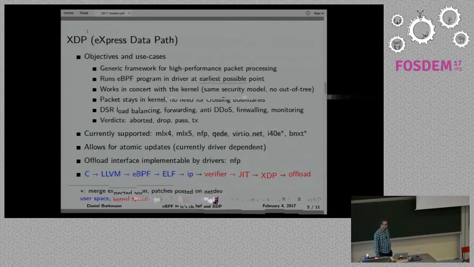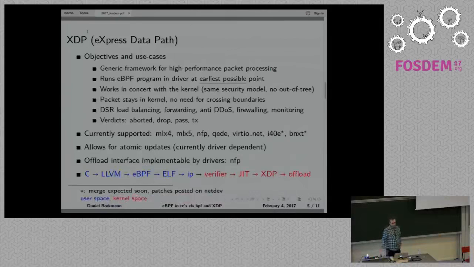Other use cases include load balancing. For example, direct server return load balancing is currently possible with that. And mangling and forwarding or denial of service measures. Monitoring is also possible, so there's currently an interface where you can push packets to user space for sampling or monitoring from the XDP side.